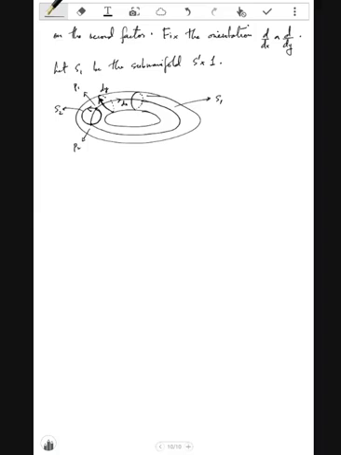We want to compute the signs that P1 and P2 should get. The local picture in a neighborhood of P1 looks as follows.